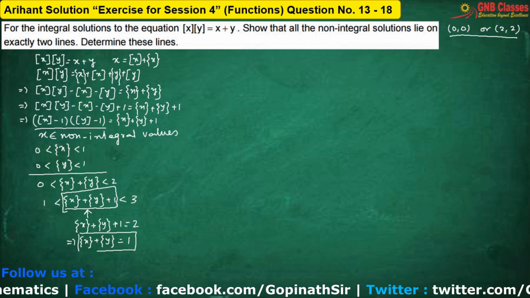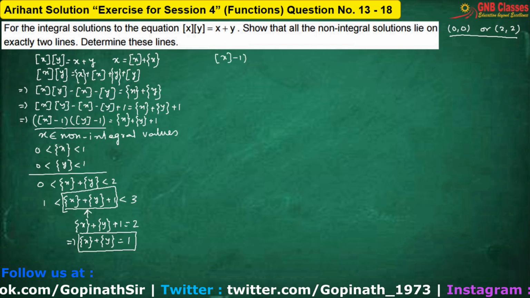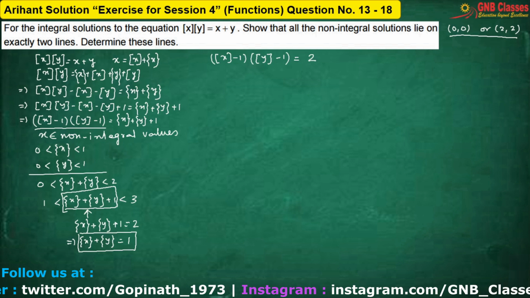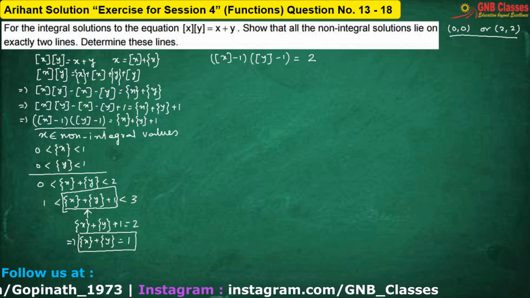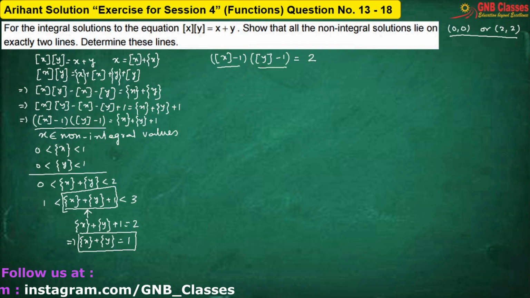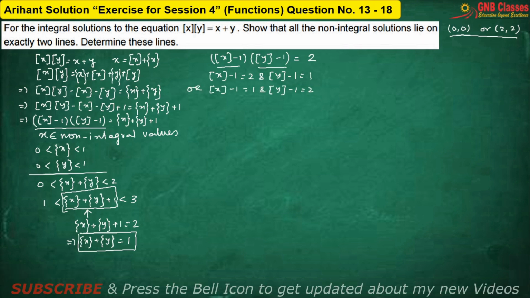Is it clear? Now observe, your equation becomes, have you understood it? It is possible only when, because this is an integer and this is an integer, it is possible only when, or, have you understood it?